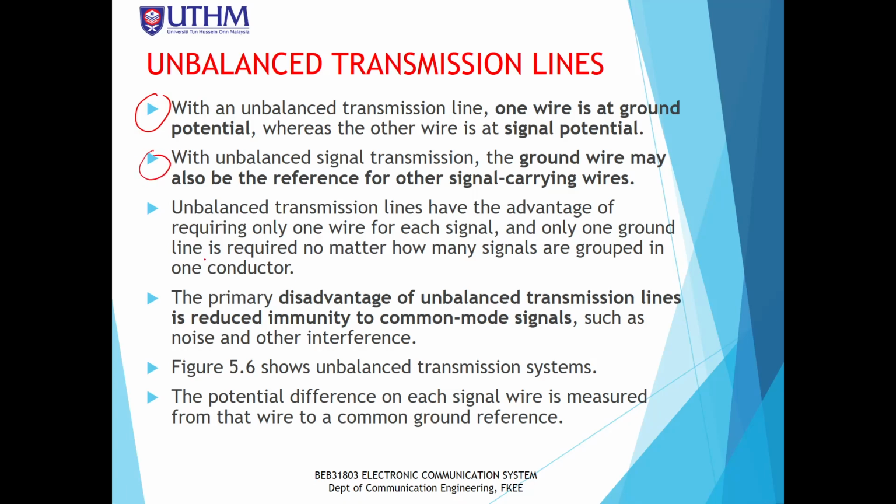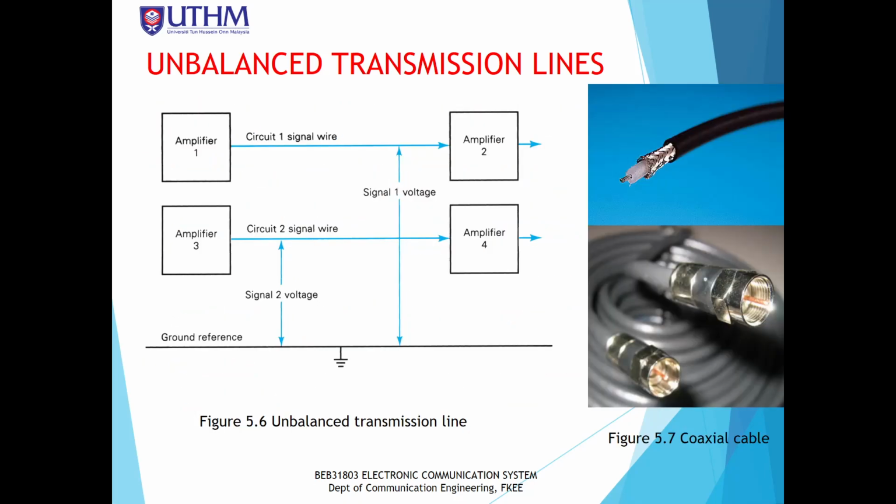Unbalanced transmission lines have the advantage of requiring only one wire for each signal and only one ground line is required, no matter how many signals are grouped in one conductor. One example of this unbalanced transmission line is the coaxial cable. This one is a coaxial cable, this is the unbalanced transmission line.